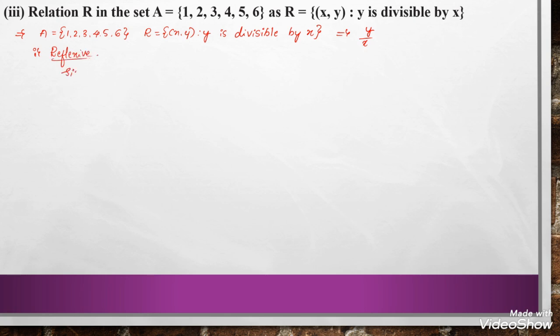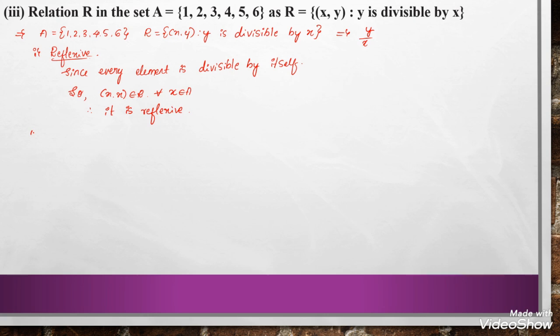Since every element is divisible by itself, completely divisible by itself only, x comma x belongs to the relation R for every x belonging to set A. Therefore, it is reflexive.